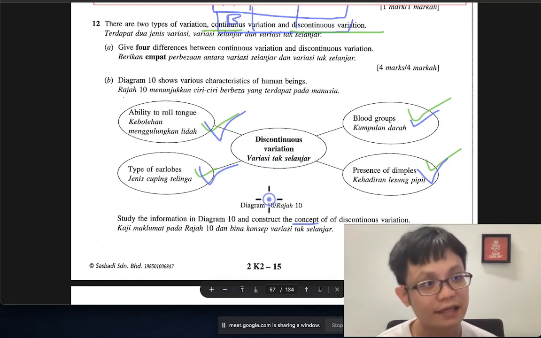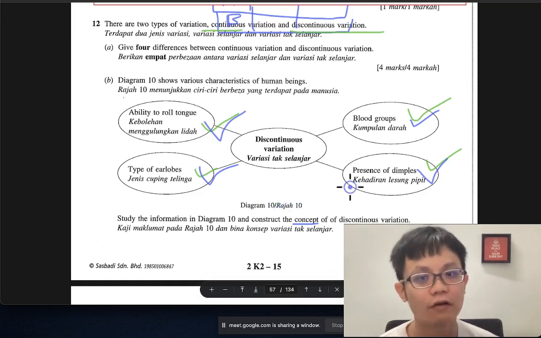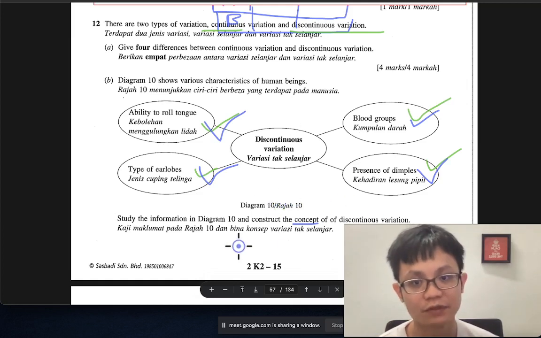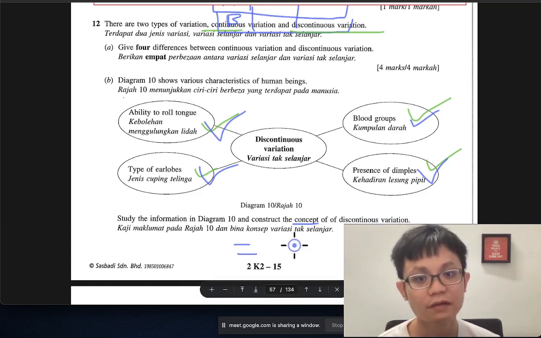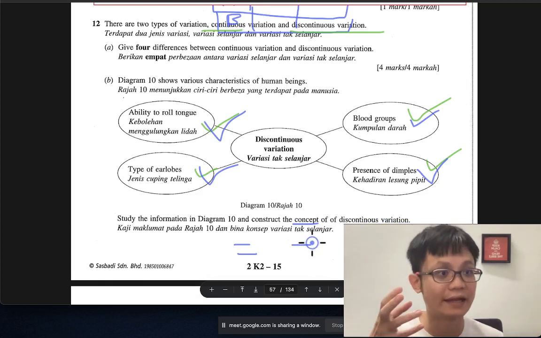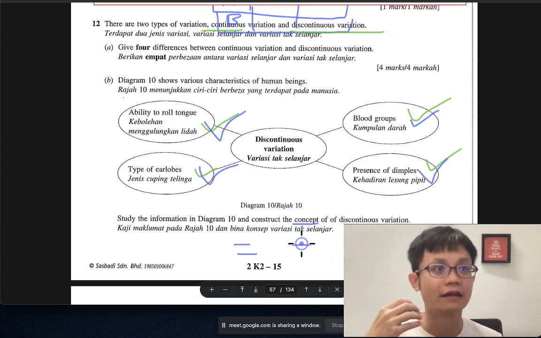And then we can say that another example is like fingerprint or type of hair. Another example that we want to show. Non-example, for example, like height and weight.